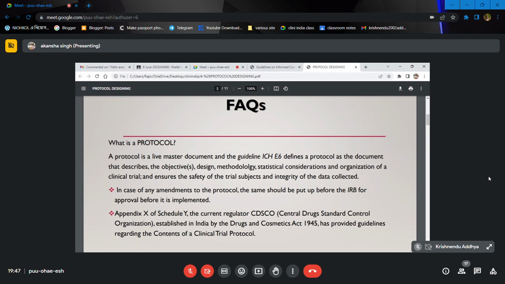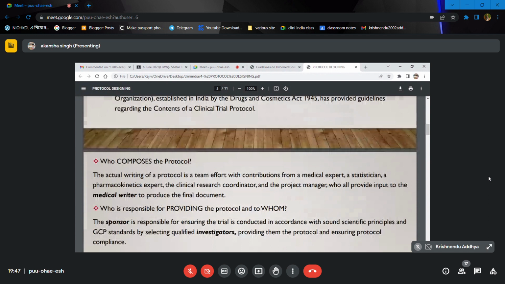You are doing a hypertension drug, so this is the basic parameter, so it has to be stated in clear sentences. We'll see in detail what the contents of a clinical trial protocol are. It is generic to every trial basically.